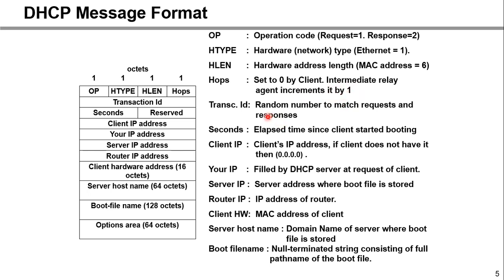Then you have a transaction ID. It is a simple identifier. Then there is the time that has elapsed since the client has started. Let's say I have asked you to join my lecture. Not everyone joins at the same time, right? I ask you to join at 2:30, but let's say the waiting room is activated.